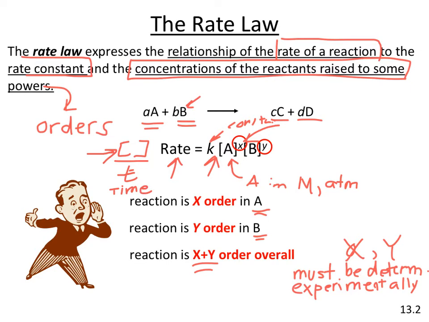We have the rate constant K. Again, rate constant will be figured out from the data, times the concentration of the reactant A to the X power times B, concentration of B, again, molarity, or in the case of a gas, some unit of gas pressure. So B to the Y order, again, X and Y have to be determined experimentally.